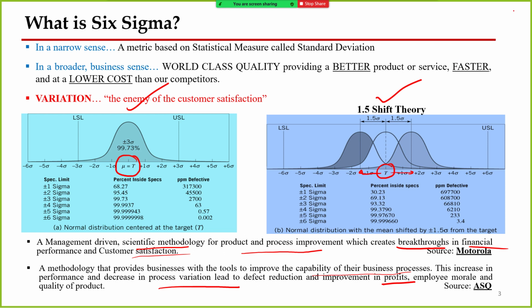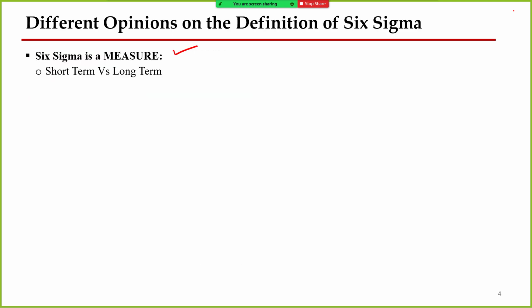So remember that whenever we are reporting the sigma level, we have to add this 1.5 shift, because people will assume that you have added that shift. Six Sigma comes from the quality management field, and quality management is always talking about long-term improvement, not short-term.